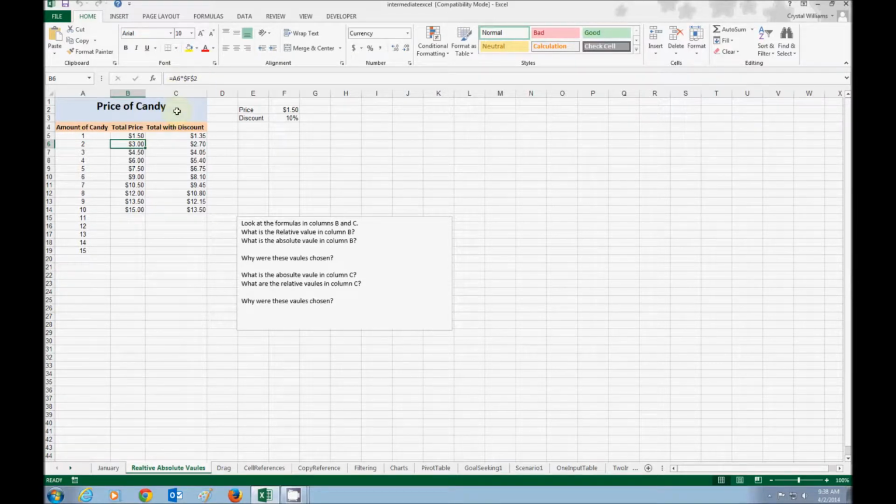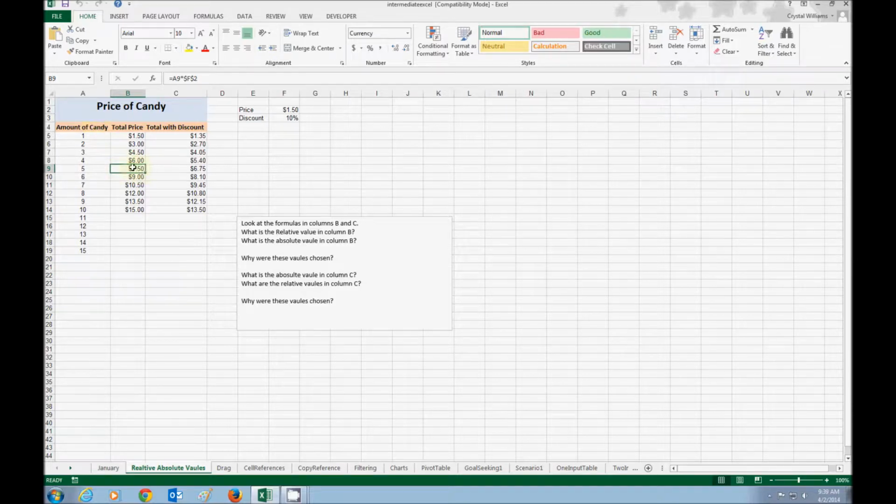It's still F2. If I click down, we see that the relative value has changed to A7, and the absolute value has remained the same, F2. Notice that the relative value changes based off the position of the current cell that I have active.